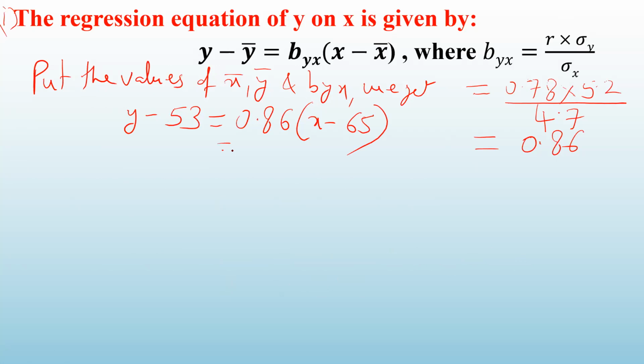Outside this bracket, there is a number 0.86. So when you simplify this, 0.86 will be multiplied by each and every term of the bracket. So 0.86 will be multiplied by x. Also 0.86 will be multiplied by 65.